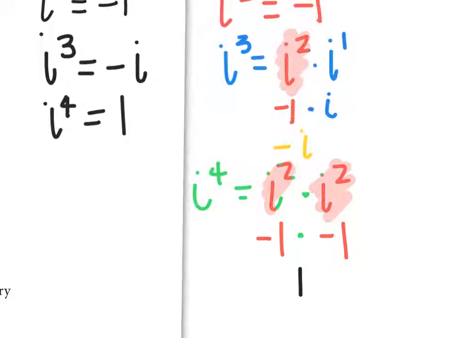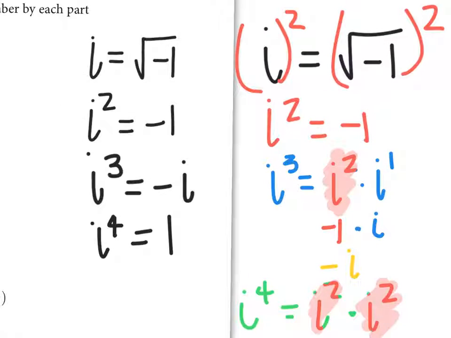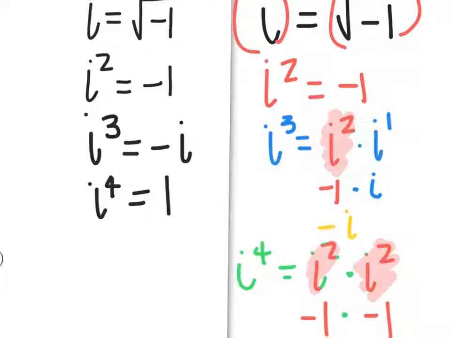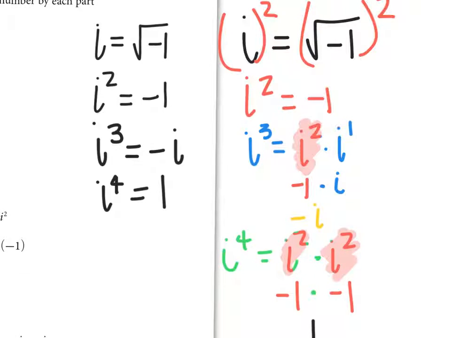So what's unique about our imaginary number i is that this forms a pattern and it continues to repeat over and over again. So if I were to keep going, i to the fifth is going to be the same thing as the square root of -1.